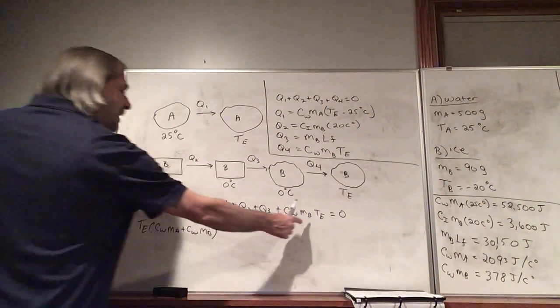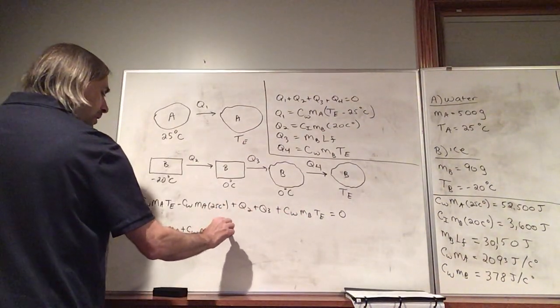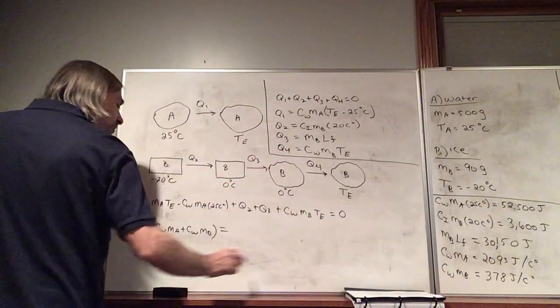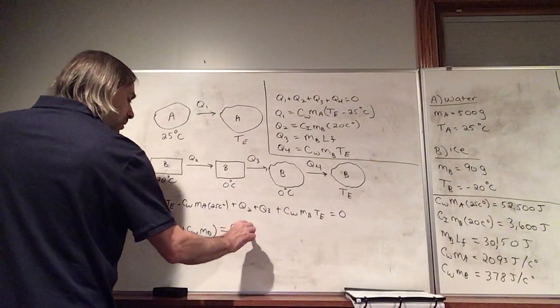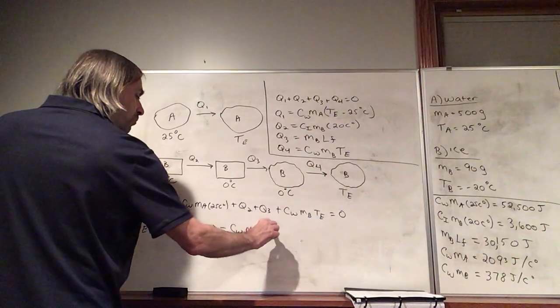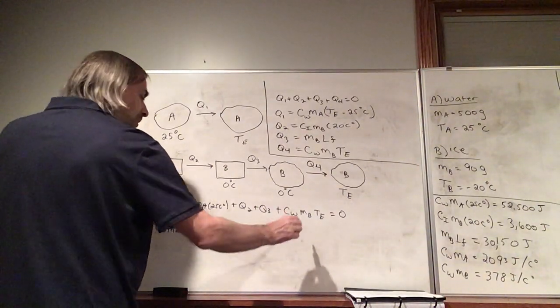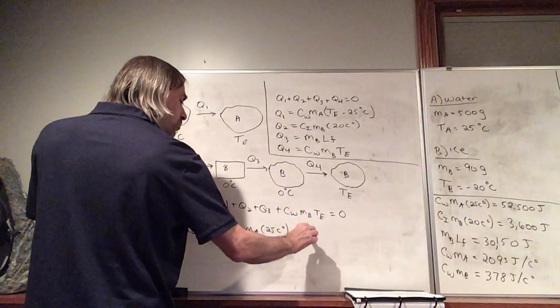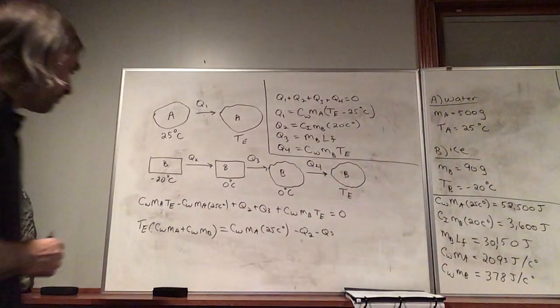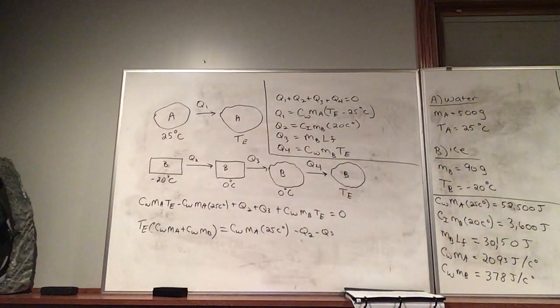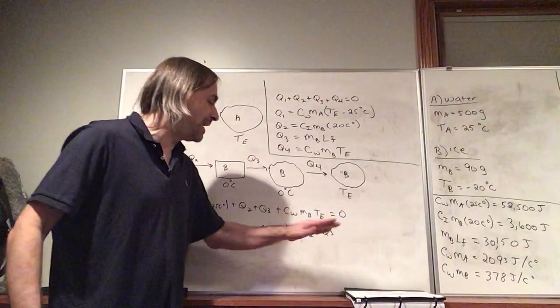So that covers these two terms. And then let's move all the other stuff to the other side. So we have CW MA times 25 Celsius degrees minus Q2 minus Q3. So now we're almost done because we know this right side.